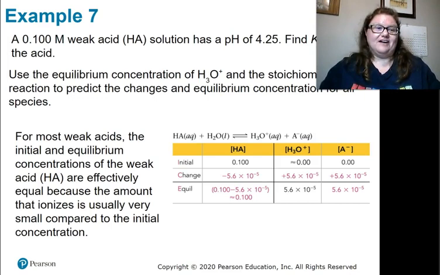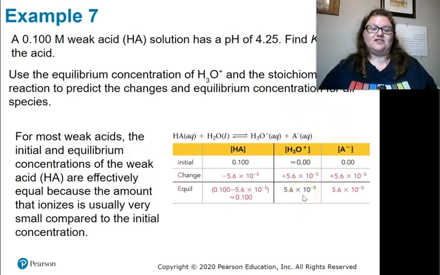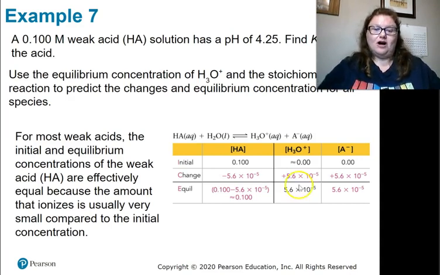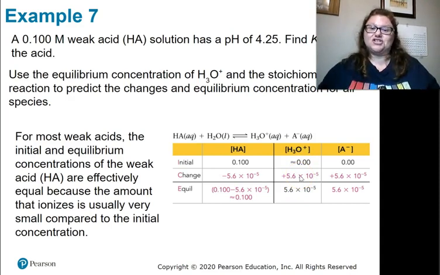So we're not just going to have minus X and plus X along that change line in our ice table. We know that hydronium concentration is 5.6 times 10 to the negative 5. So the hydronium, let's go up this column. It was 0, so that means the hydronium change was a positive 5.6 times 10 to the negative 5.